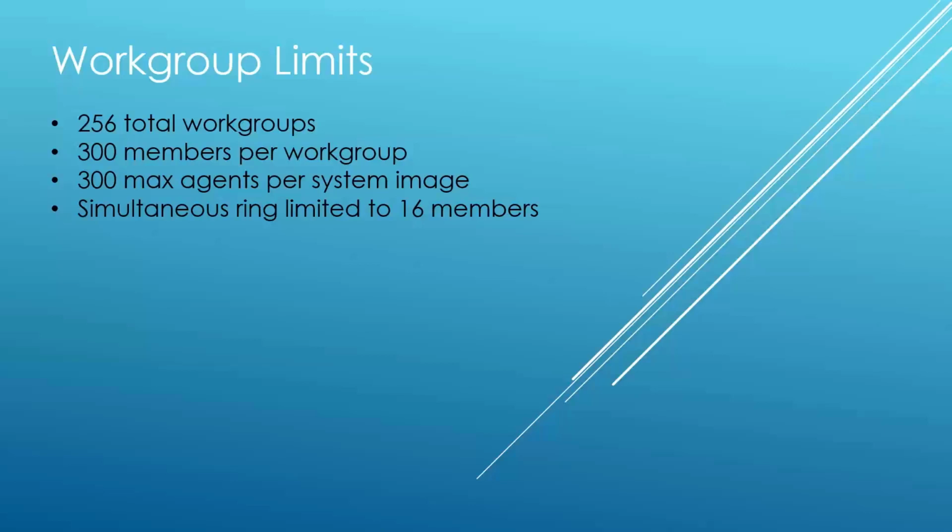We can support up to a maximum of 300 members per workgroup, although that would be in a single workgroup because we can only support 300 agents max in a system image. So you should only have 300 agents total in an active agent build on an entire system, distributed between one or more workgroups. And then the simultaneous ring feature is limited to 16 members.